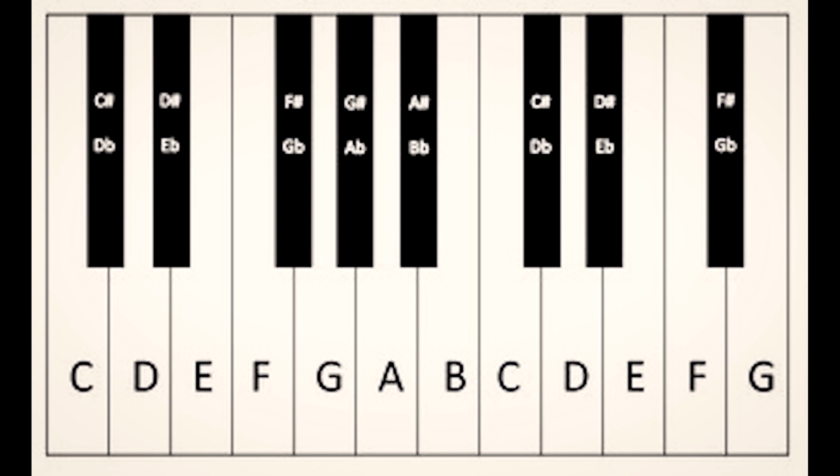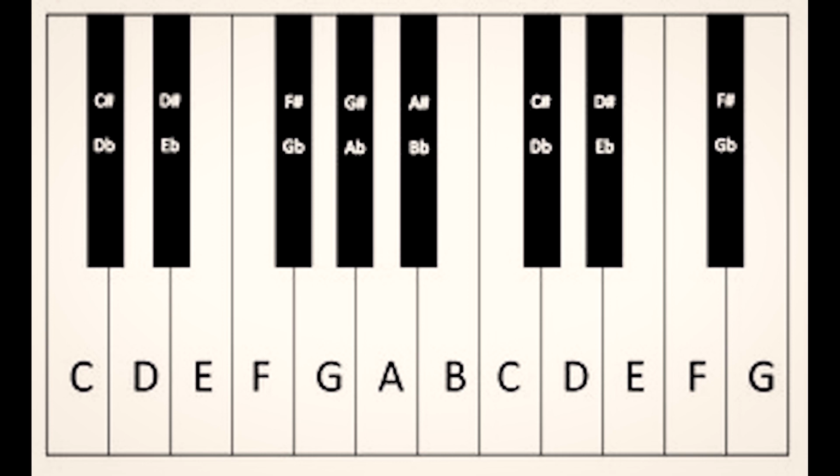Similarly, the black key next to D is called D sharp. Then we have E, which is a white key, and between the E white key and the F white key we don't have any black key. Next, after F we have again a black key which will be called, you can guess it, and yes, it is called F sharp.